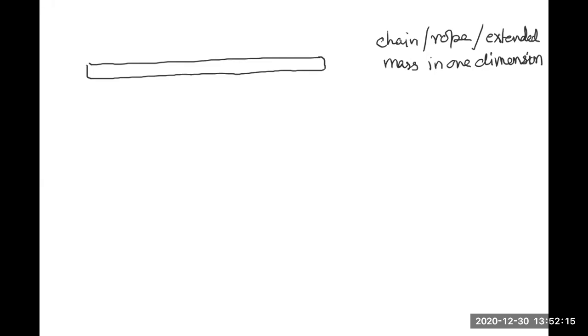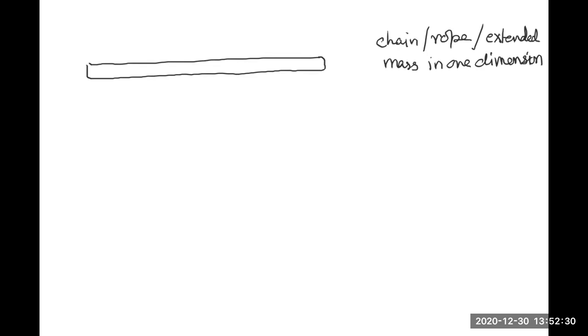Then what do I do? How do I deal with this continuous system, right? I hope you are agreeing with me now that a chain or a rope is a continuous system.